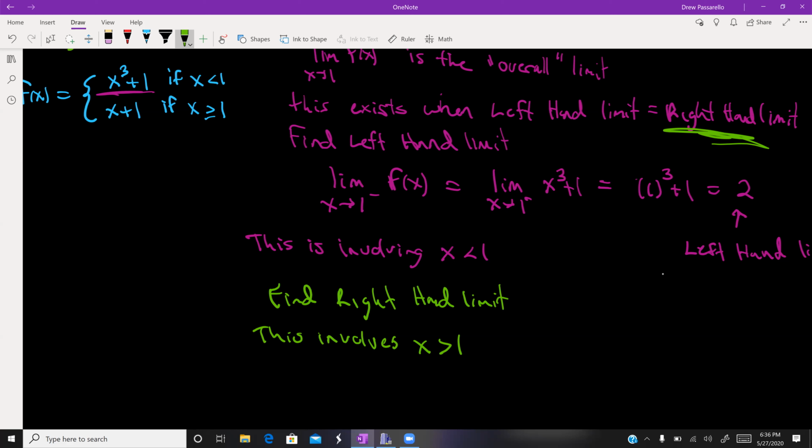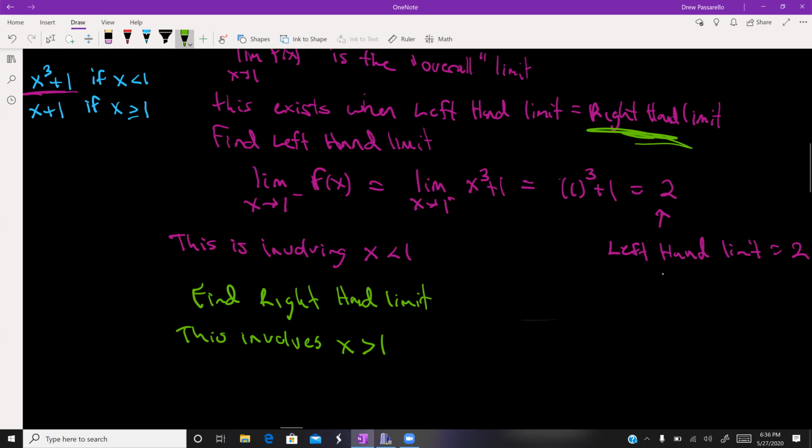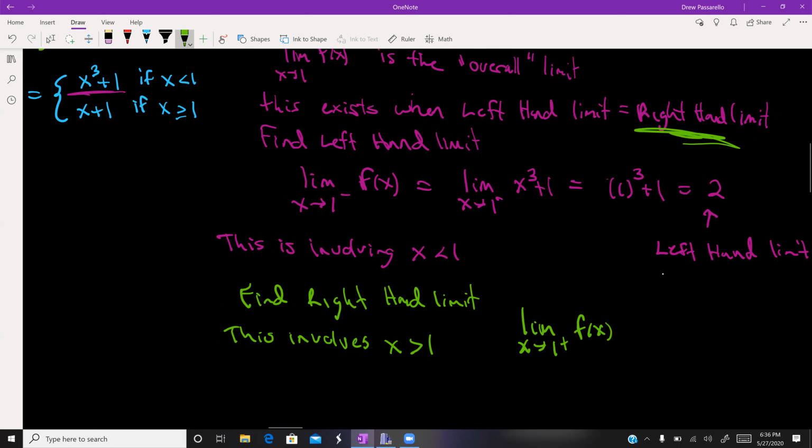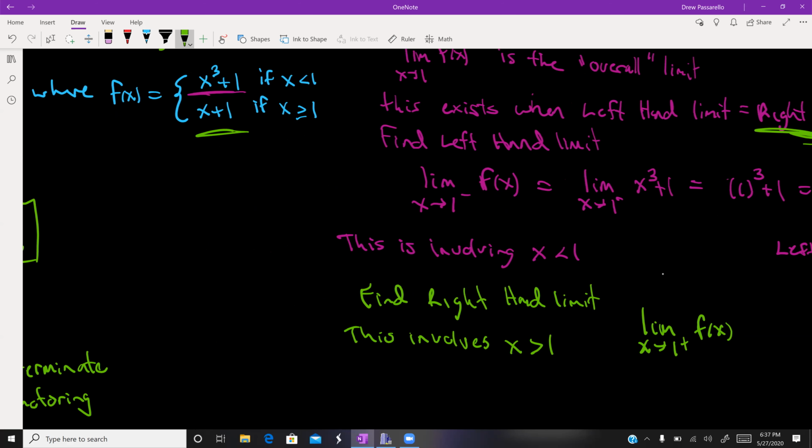So for the right-hand limit, since my x values are greater than 1, I focus on the bottom piece, x plus 1.